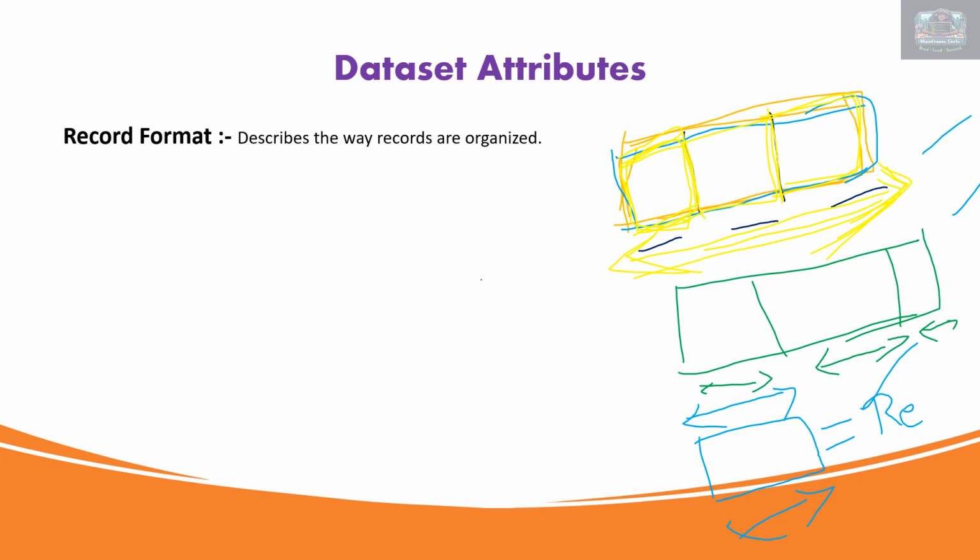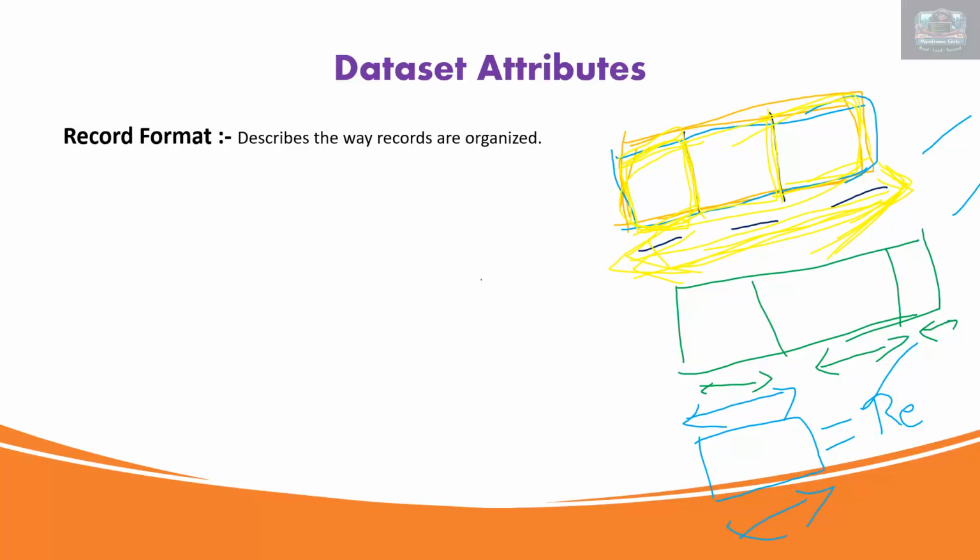So for faster processing we do this blocking, so that more data can go at one time to the device, or out of the device. If more records are set up in a block, the IO transactions are easier. That's the reason we do blocking.